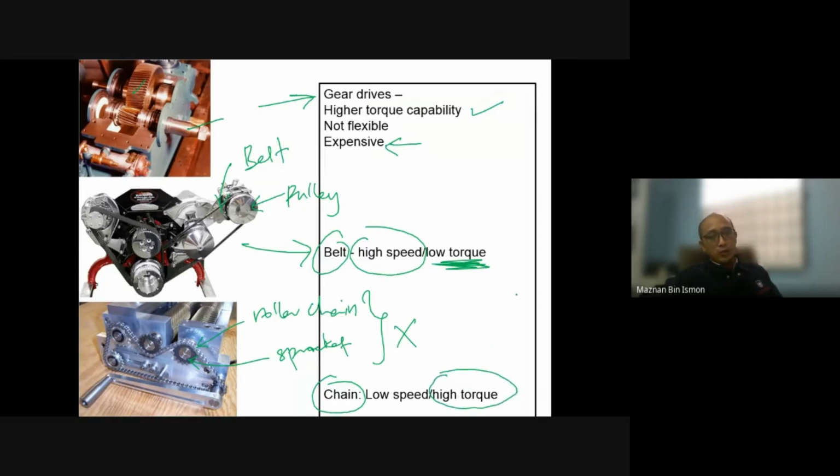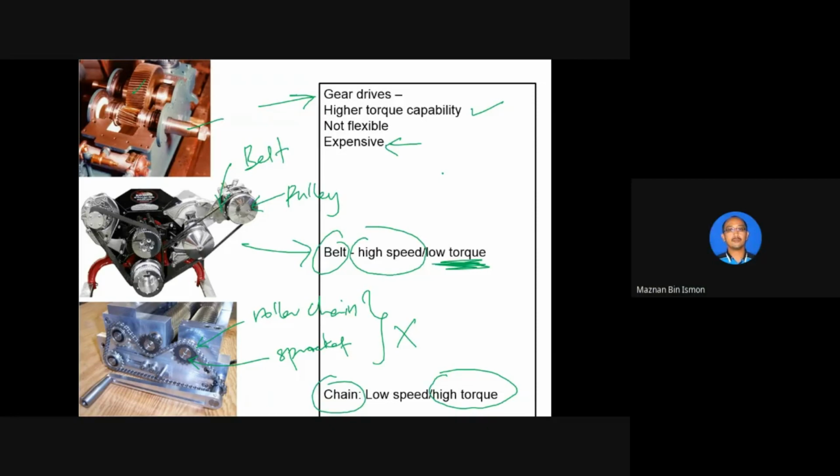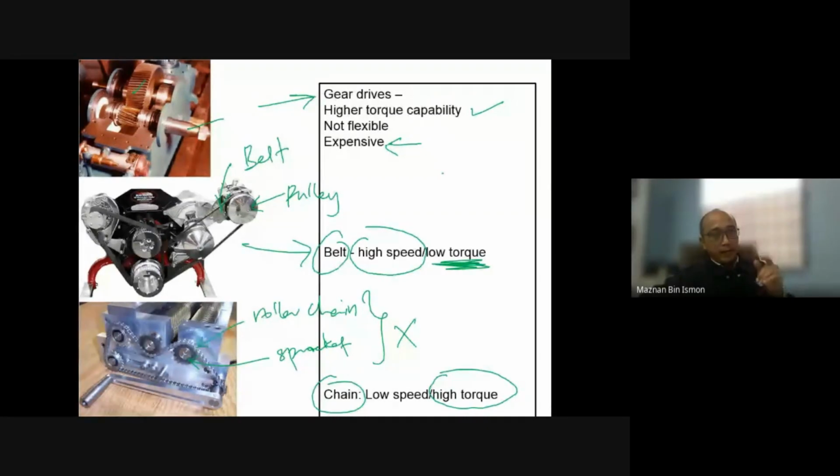This is due to the belting, where friction can occur. Belt and pulley, that one. So it can slip, so less torque will be produced compared to the roller chain and sprocket.